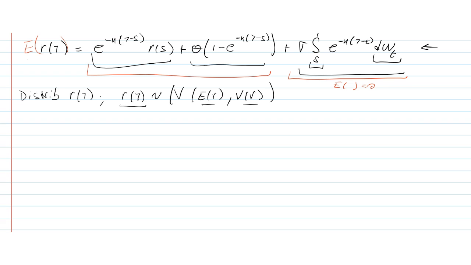And when we try to solve for the variance here, the variance of the deterministic terms will be 0. I'm just going to live with the variance of this. And for this, you have to use the Ito isometry, because it will be the variance of the Brownian motion term. So this is what we're going to do now.